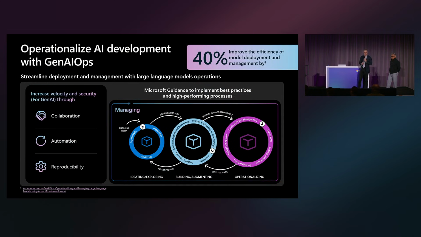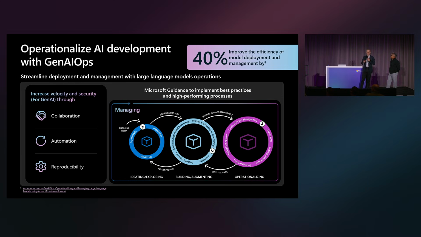So also, when you are thinking about driving agentic transformation, it's important to think about operations, because what we see is investing into Gen AI Ops helps to improve the efficiency of model deployment and management of AI models by 40%.